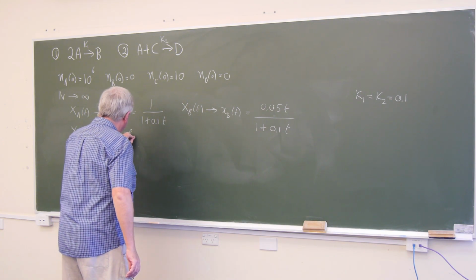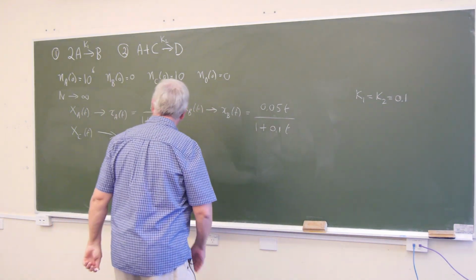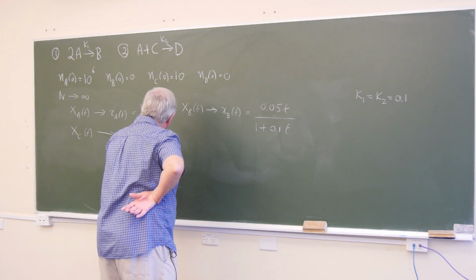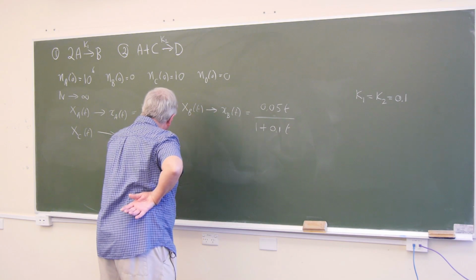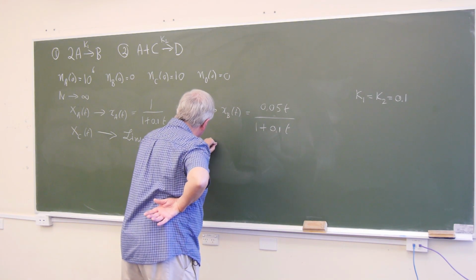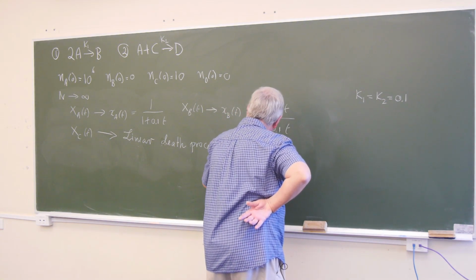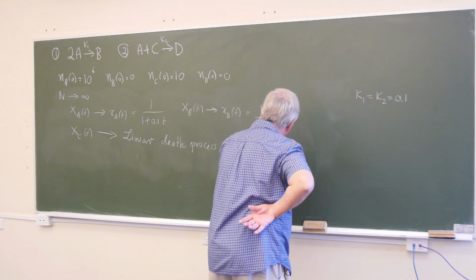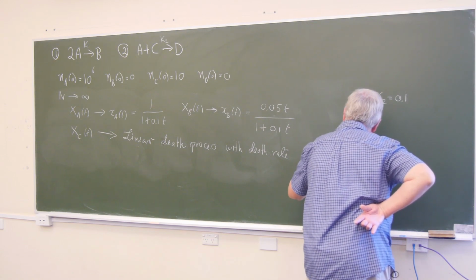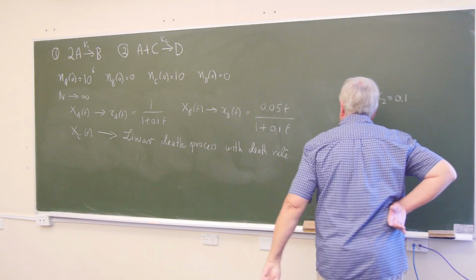This converges. Now, I haven't said what the mode of convergence is. You can ask me if you like, sometime. But this converges to a linear death process with death rate mu of t equal to 0.1 times xA of t.